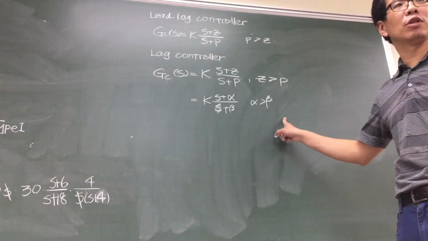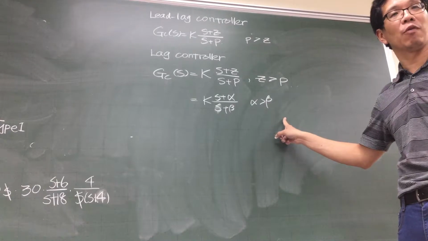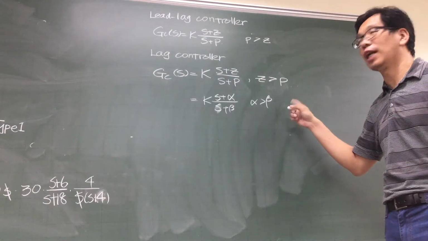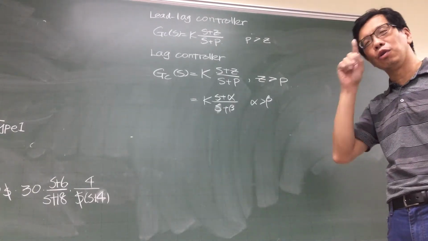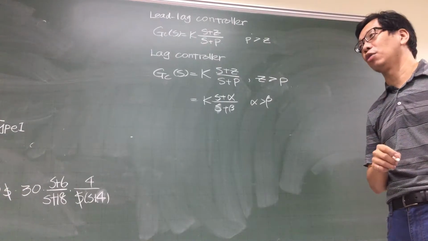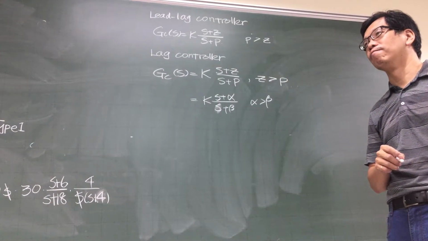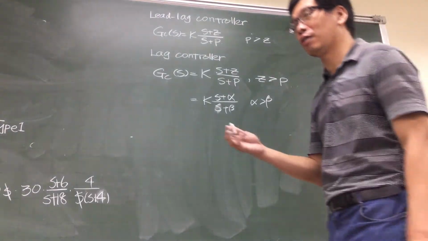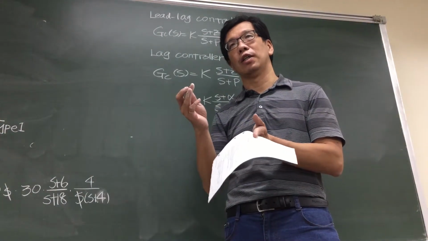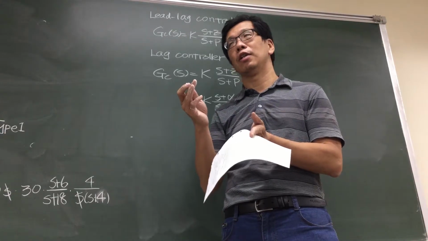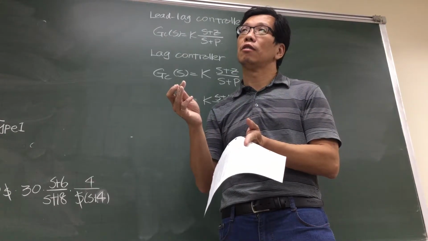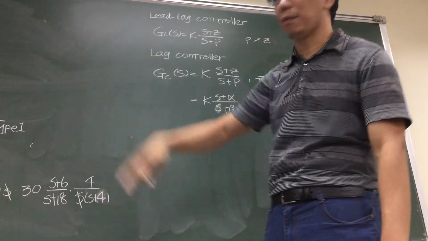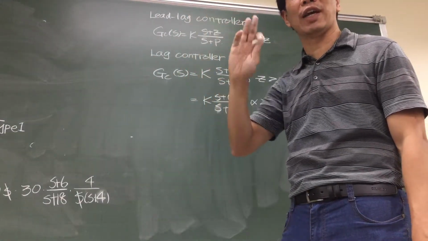This type of controller is a specific one, because when we have a lag controller, normally we are not trying to affect the system dynamics, which means if I desire the system to be like 90 degrees up and down, we try not to affect anything.